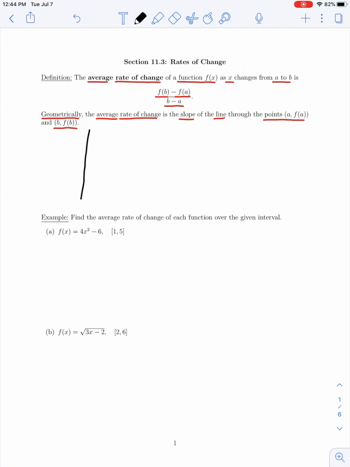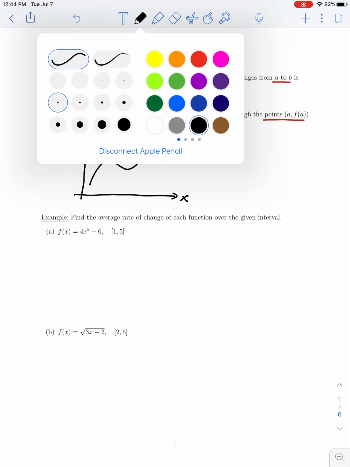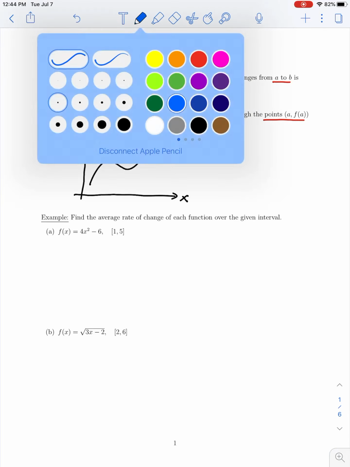So let's suppose that we have the graph of some function, say y equals f of x, so the average rate of change of our function as x changes from a to b could be interpreted as follows.